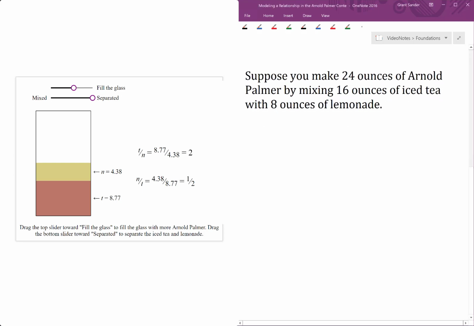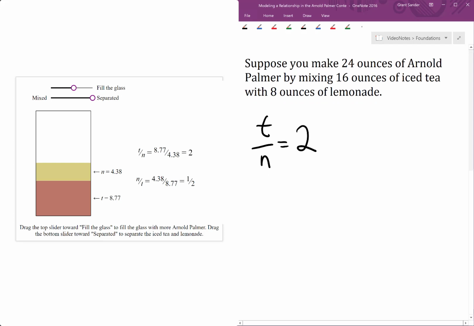So we have the ratio of T to N being constantly equal to 2, which tells us the number of ounces of iced tea in the glass is always 2 times as large as the number of ounces of lemonade in the glass, because the ratio T to N tells us the size of the amount of iced tea relative to the amount of lemonade.